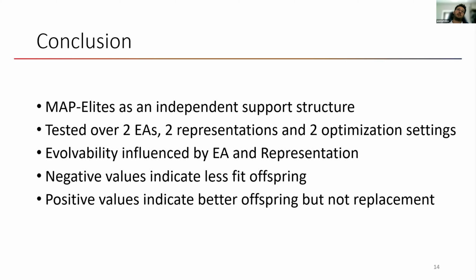We see how the evolvability is influenced by both the evolutionary algorithm and the representation, and we see that while negative values indicate offspring that are worse than the parent, the positive values indicate that the offspring are better, but there is no replacement on the map. So the parents are not replaced.